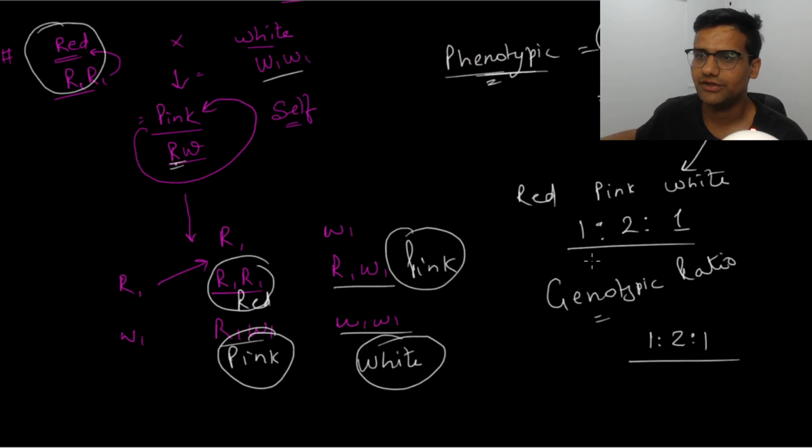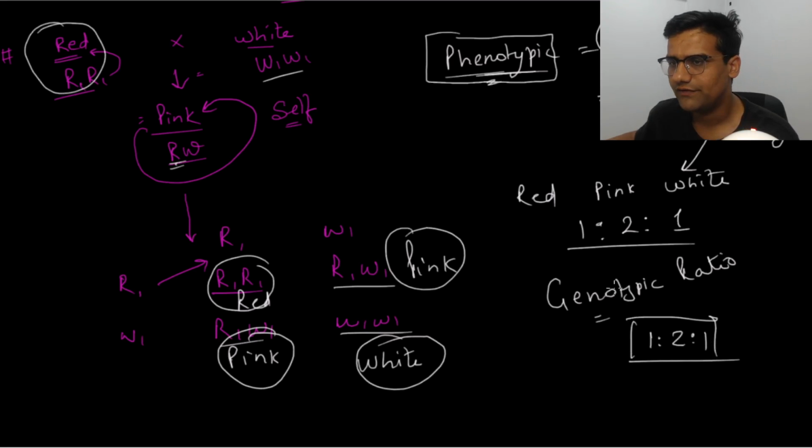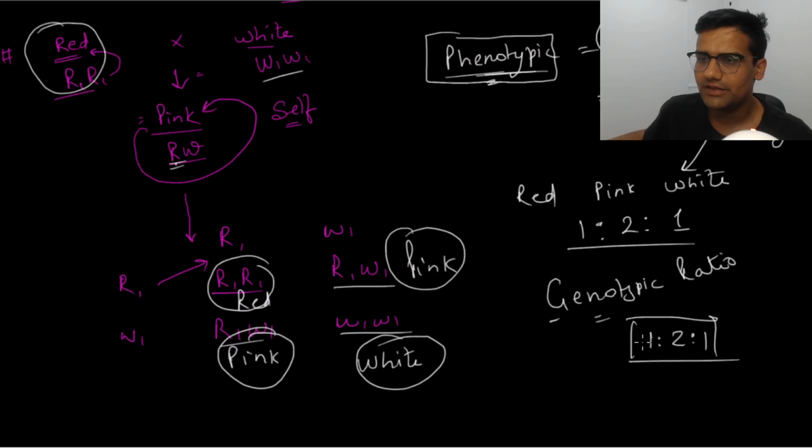So the phenotypic ratio, which is normally 3:1, is changed to 1:2:1, whereas the genotypic ratio doesn't change. Or you can say the phenotypic ratio and genotypic ratio for incomplete dominance is 1:2:1.